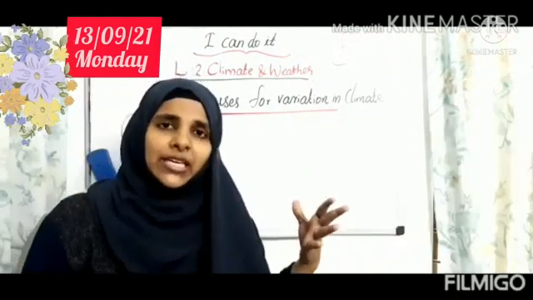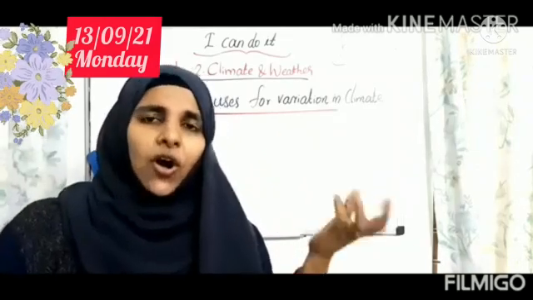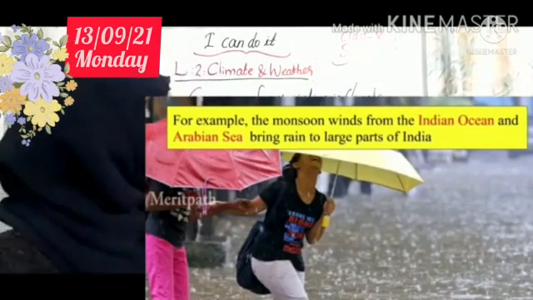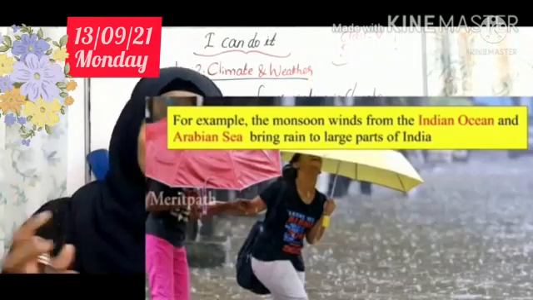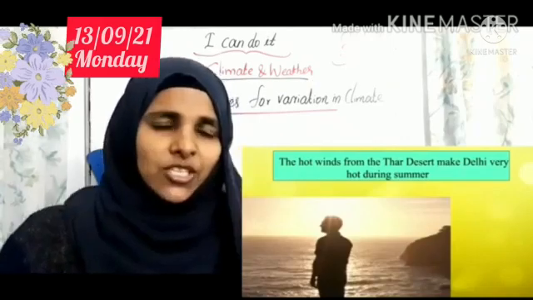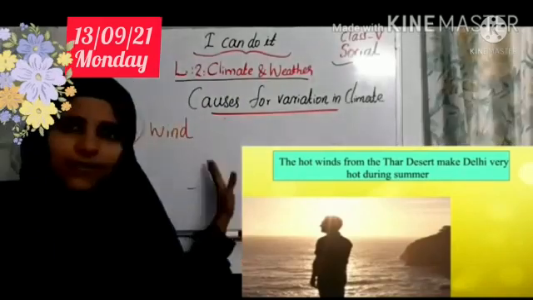If it originates from the Indian Ocean or Arabian Sea, the wind becomes a rainy wind in the monsoon season, right? But when the wind comes from a dry region like a desert, we can feel in North India it is very hot. So wind also affects our climate.